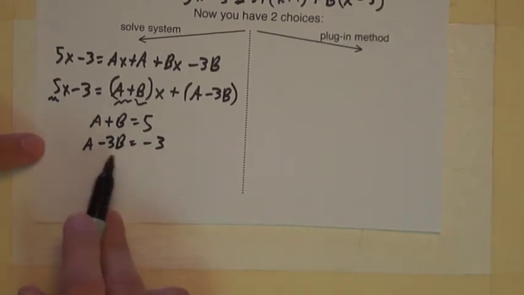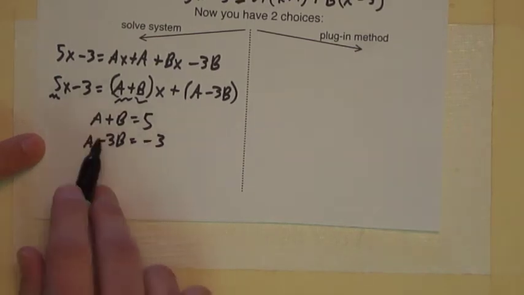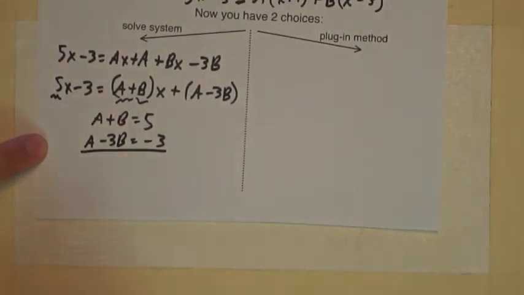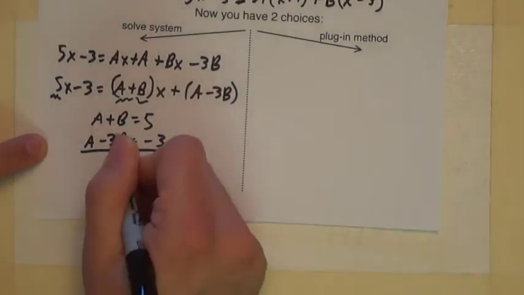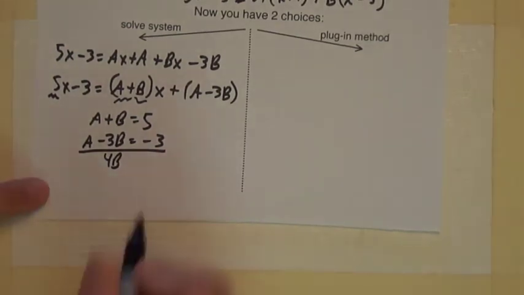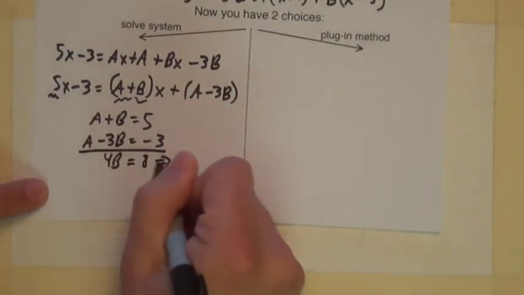Now you have to dust off your equation solving skills for systems of equations and remember how to solve this for a and b. So for example, we could subtract these two equations to get b minus negative 3b is 4b, and the a's cancel. And on the right-hand side, 5 minus negative 3 is 8.